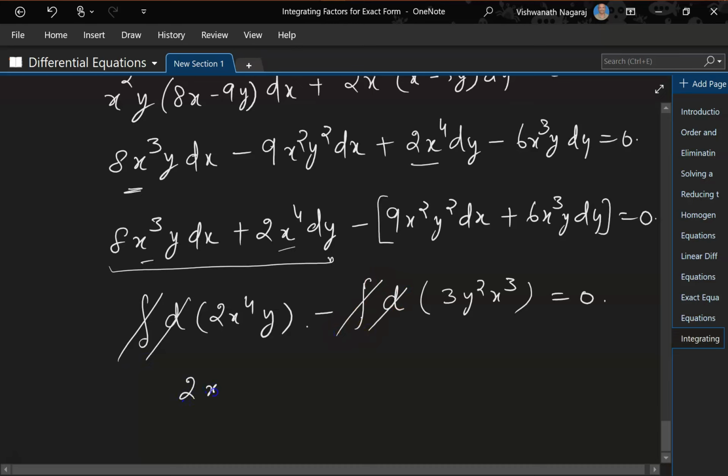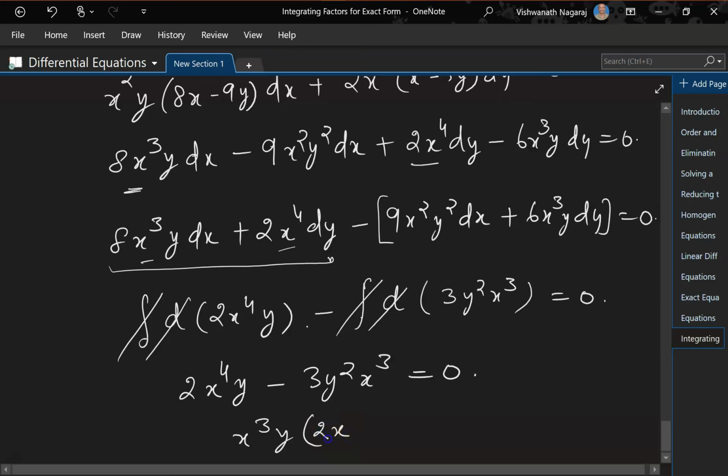Okay, now the integral and differential get cancelled out. So what you're left with is 2x to the power of 4 y minus 3y square x cube equal to 0. And a little bit of simplification. X cube is common and a single y is common.